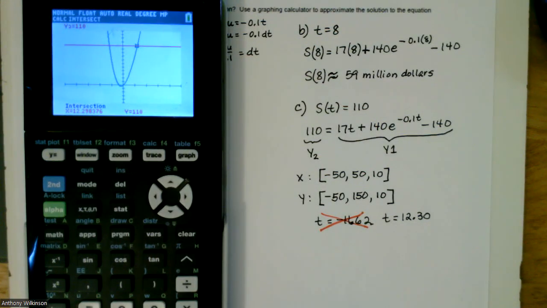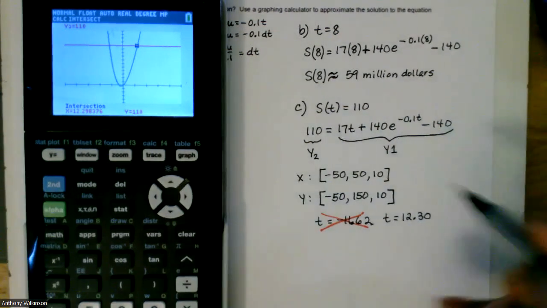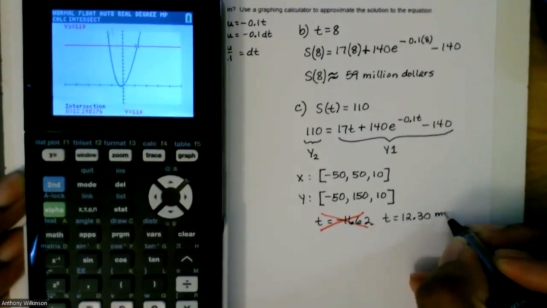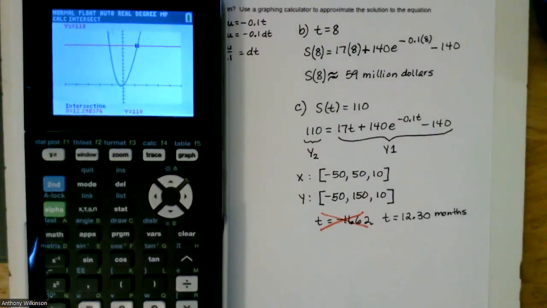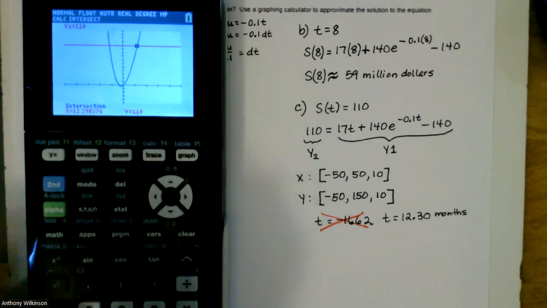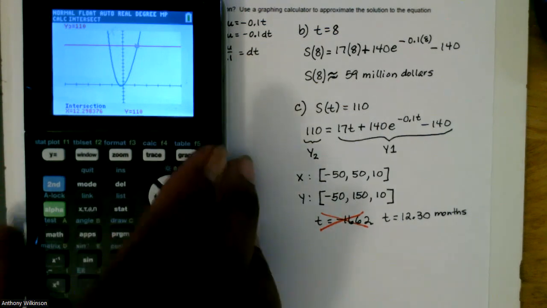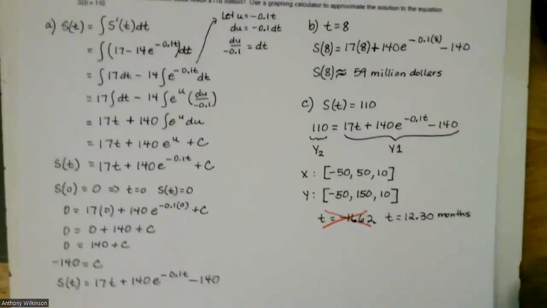That would be when the estimated total sales reach $110 million. It would be approximately 12.3 months. Let's keep in mind time can't be negative, so that's why I eliminated the negative 11.62. Okay, again, go over this video to get an idea of how to do this in the graphing calculator. Okay, all right, here's the final problem in this video.